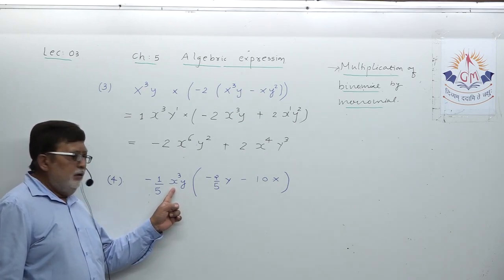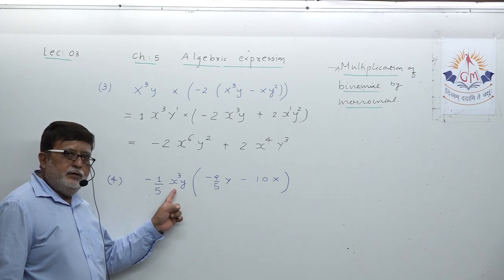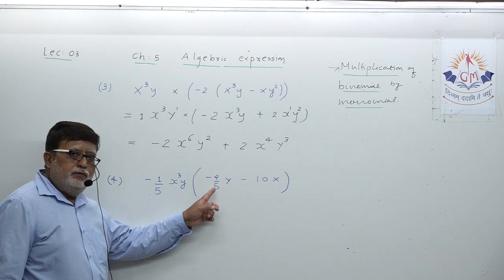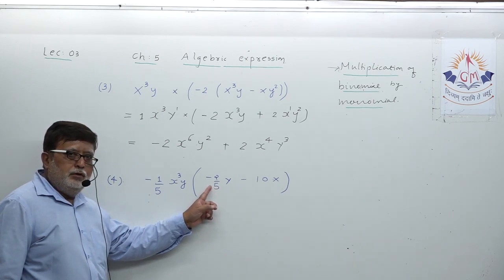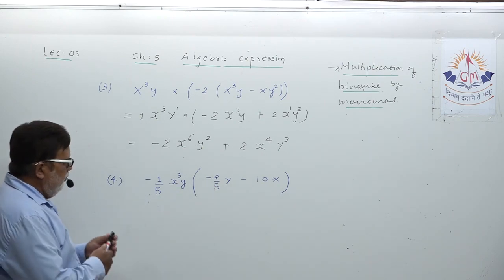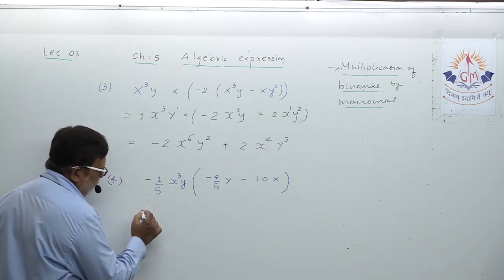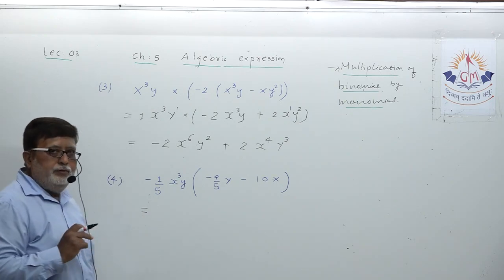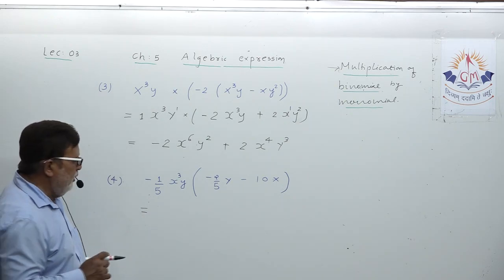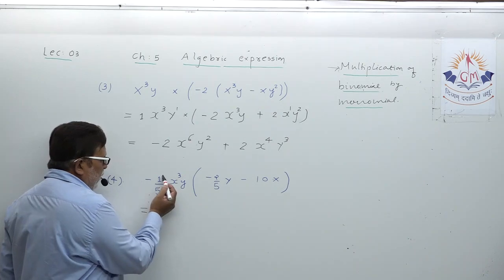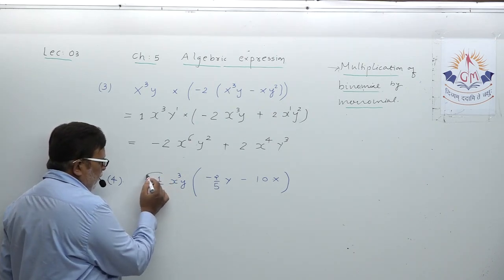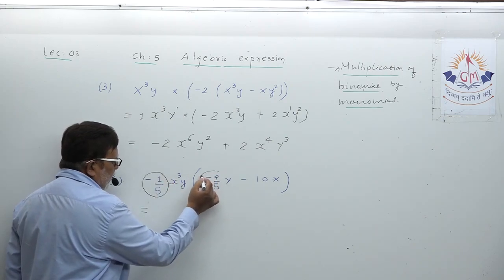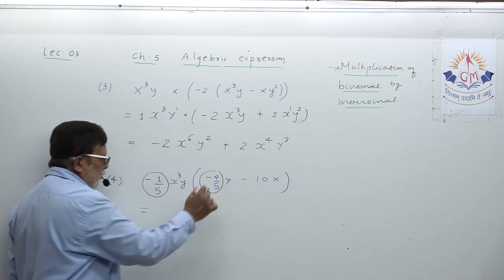First, you will multiply this monomial with the first term of this binomial. Be very, very conscious. First, your concentration has to remain on multiplication of numbers. Here, minus 1 upon 5, as you all know. Here, minus 2 upon 5.